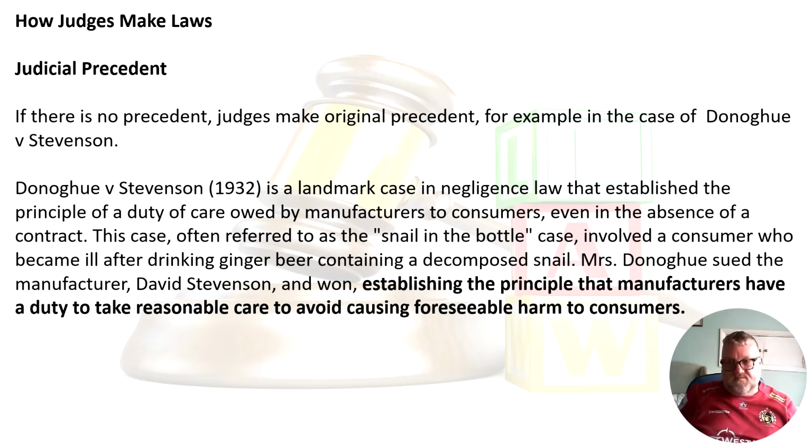Donoghue versus Stevenson of 1932 was a landmark case in negligence law. If you go to university and study law, you're going to be doing this case, I guarantee it. Nothing like this had ever happened before, and it was a landmark case because it established the principle of duty of care for manufacturers and consumers, even in the absence of a contract.